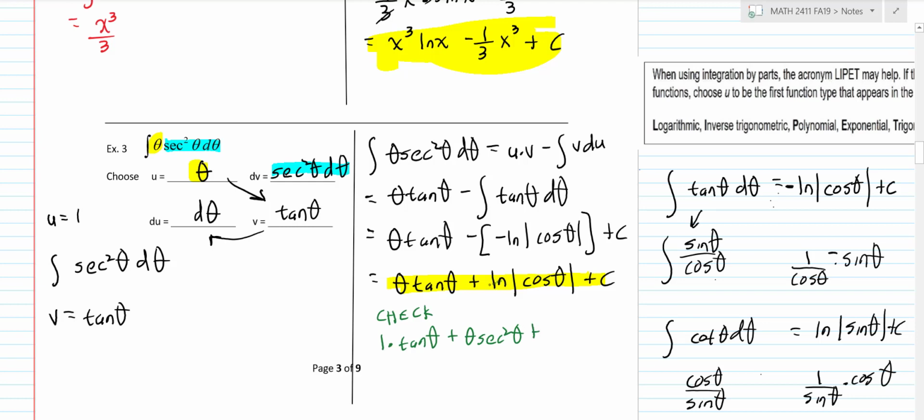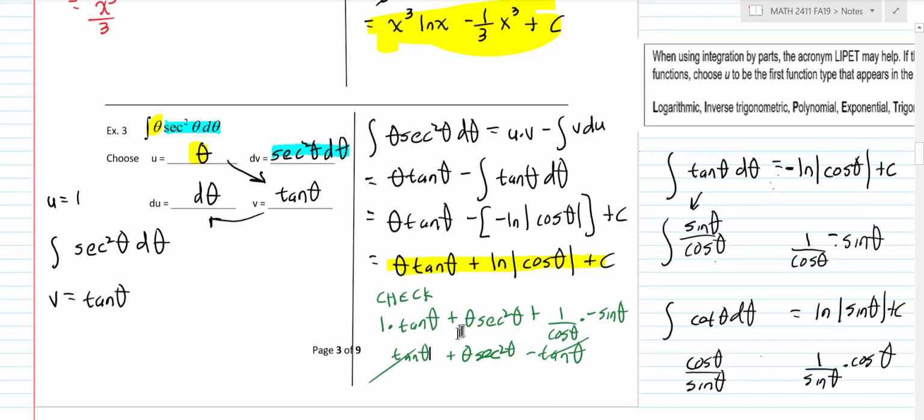And then the derivative of ln cosine would be 1 over cosine times the derivative of cosine. And what would happen is you would end up having tan theta plus theta secant squared theta. This right here would be a minus tangent. So I'd cross out and that would take you back to the beginning. Okay, so that would be the answer to that problem.